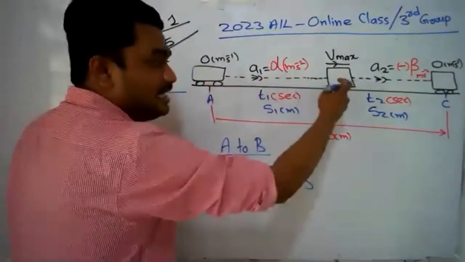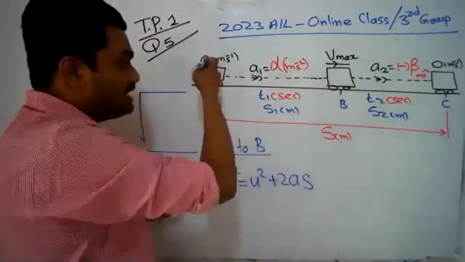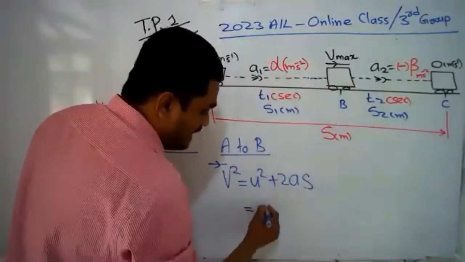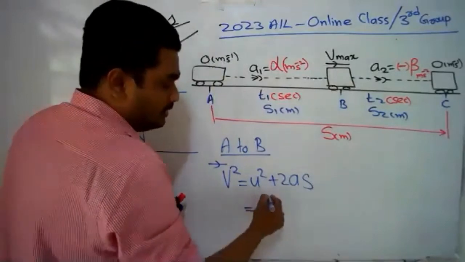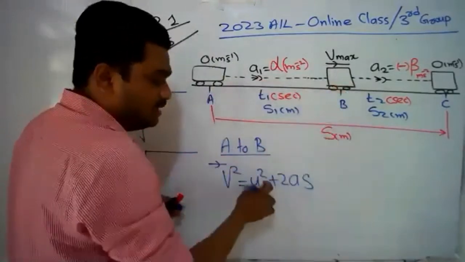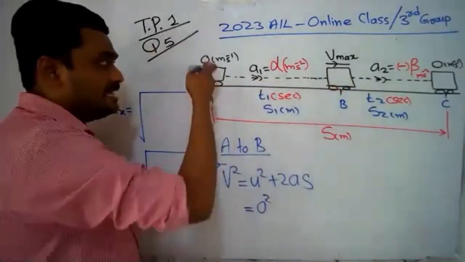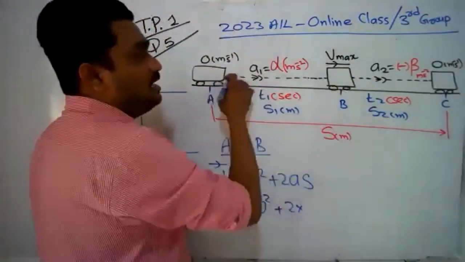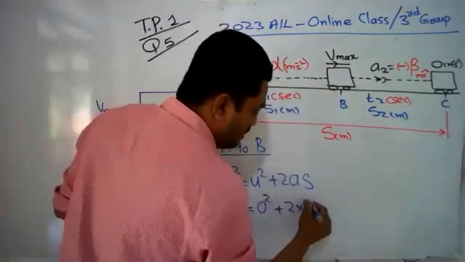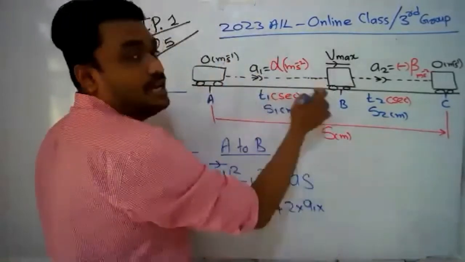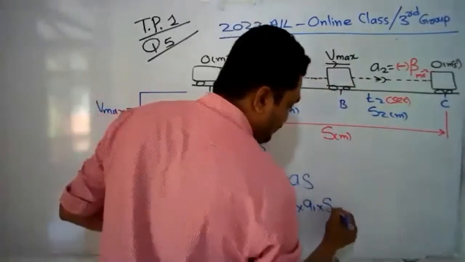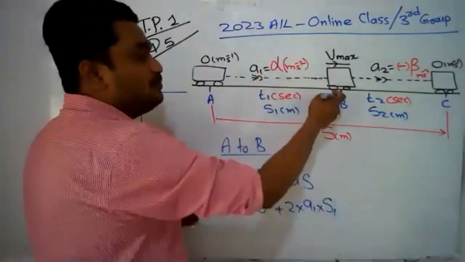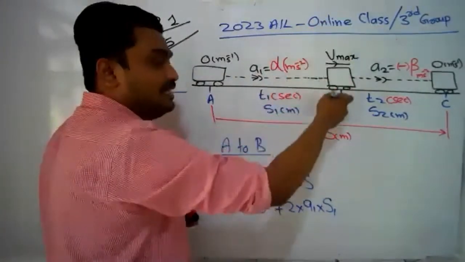If you consider the AB section, the velocity at A is the initial velocity, that is 0. Plus 2, acceleration from A to B is A1, displacement from A to B is S1. The velocity at the point B is the maximum velocity obtained by the vehicle.